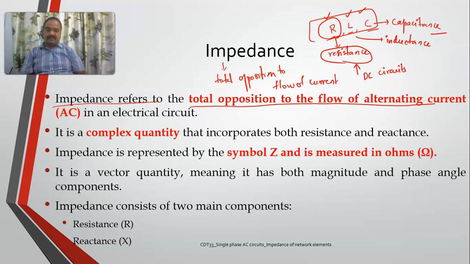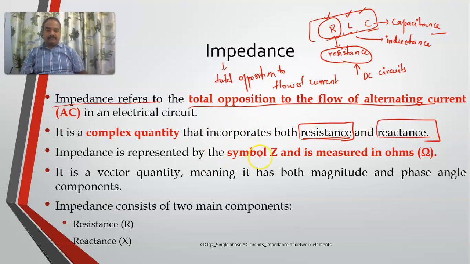So impedance is defined as the total opposition to the flow of AC currents, and impedance is a complex quantity. It consists of 2 components, namely resistance and reactance. Try to remember this. Impedance is a combination of resistance and reactance.